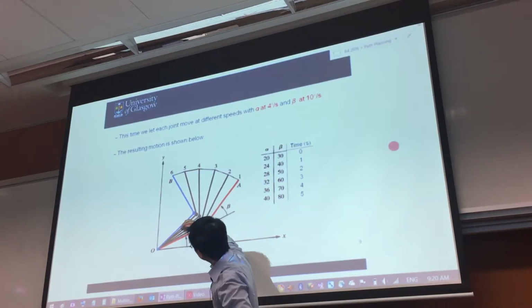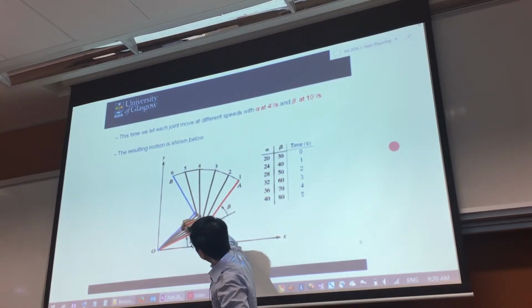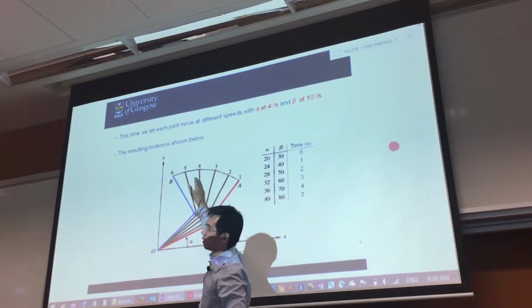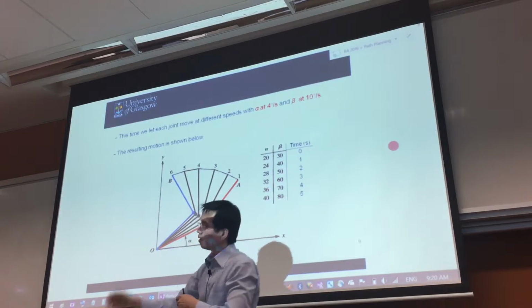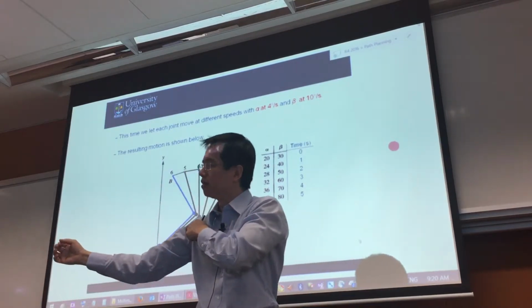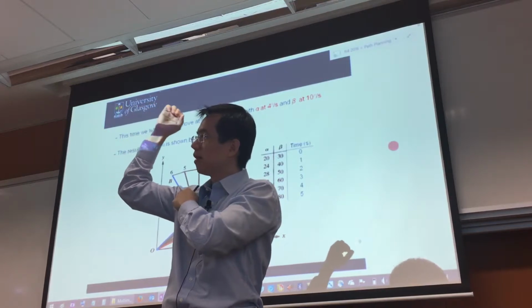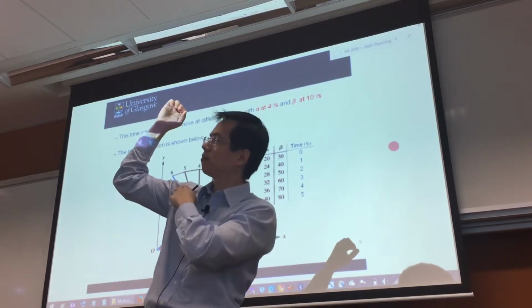So we can distribute that initial position to a final position in a greater number of steps, such that this arm here can catch up. And then the whole arm will move in a very elegant way together.